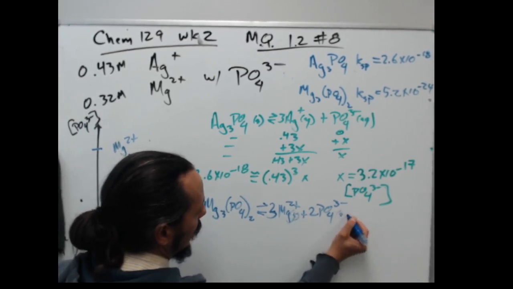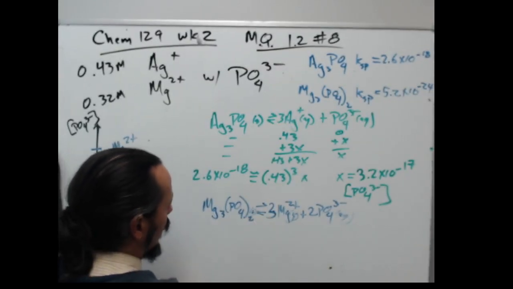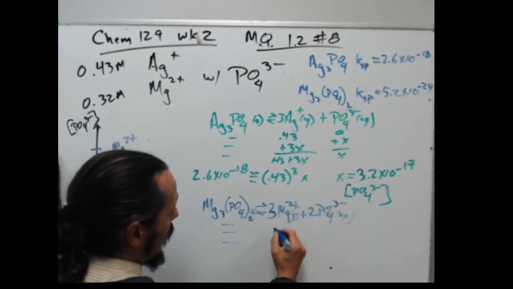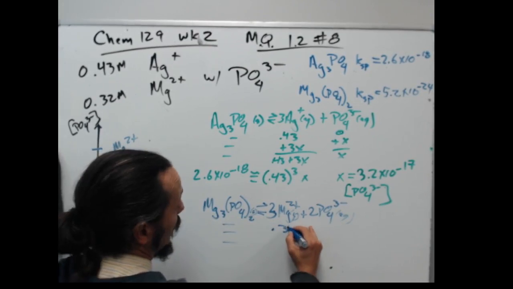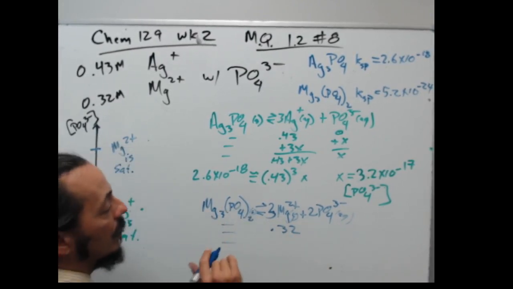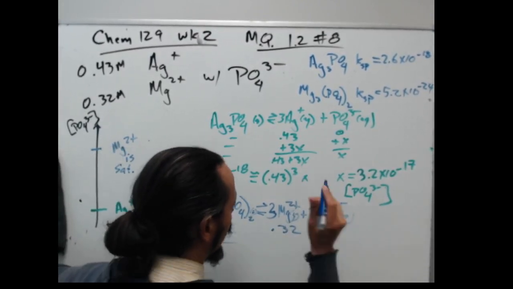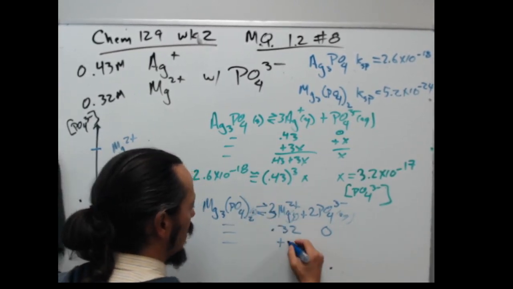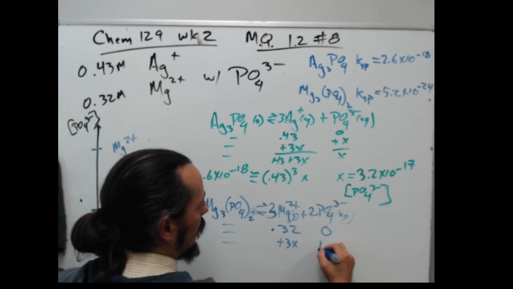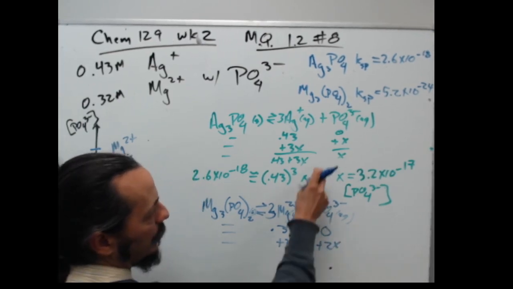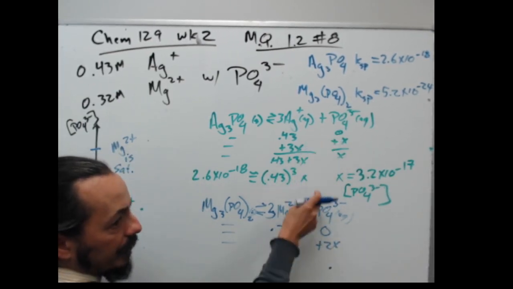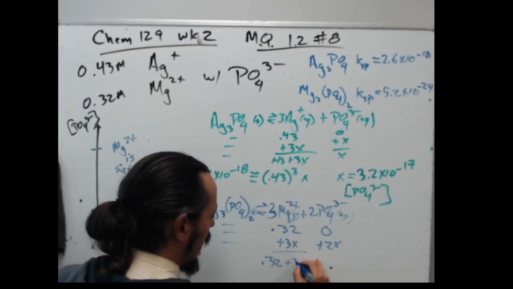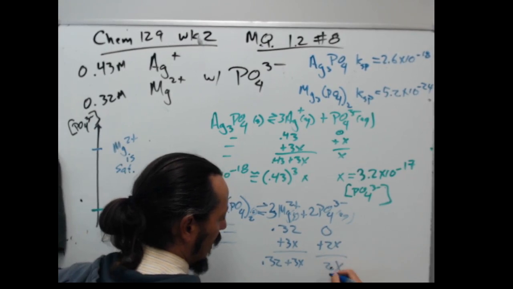Forgot my states of matter. Magnesium is at 0.32 concentration. Phosphate is what we're trying to figure out, so it's going to be 0, and we're going to add phosphate to get it up to the proper concentration, plus 3x plus 2x. So notice the math is already different, plus 3x versus plus 2x. 0.32 plus 3x and 2x.